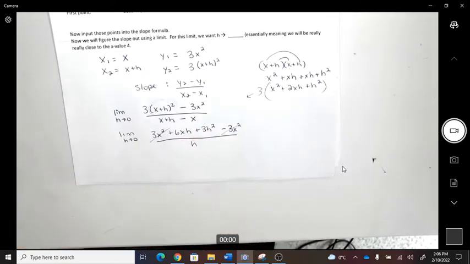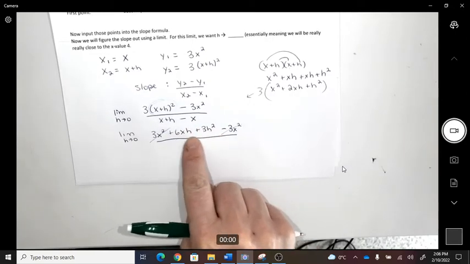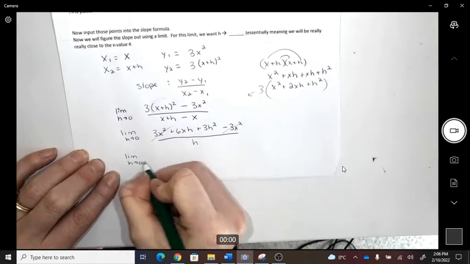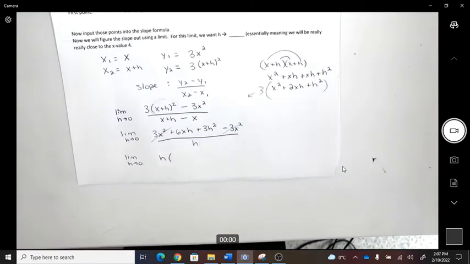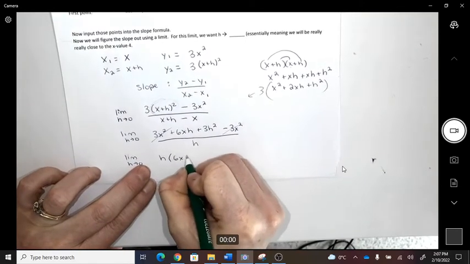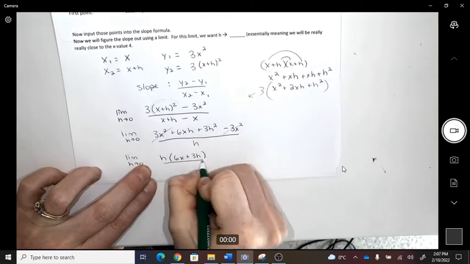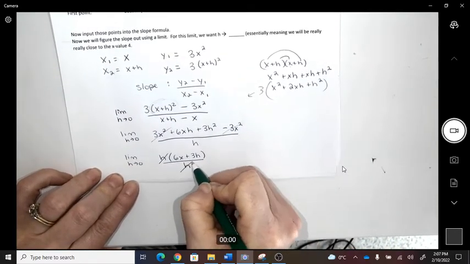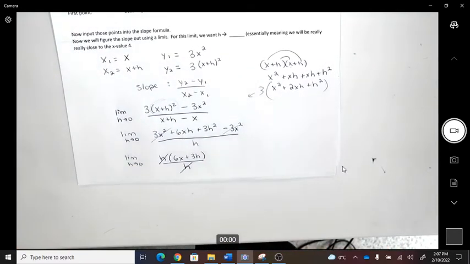Algebra, factoring, canceling maybe? Remember, those are usually my hints. Do you see something? What could I do with this top? I could GCF h. So 6x plus 3h. I got rid of my problem.